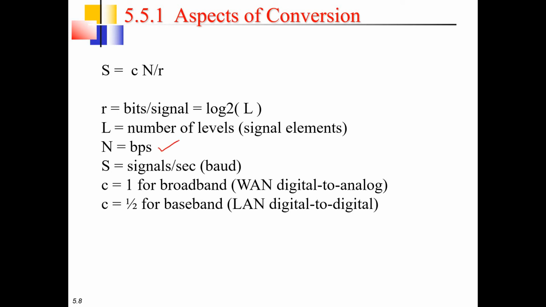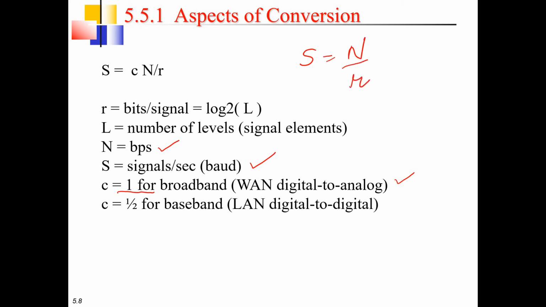This is your bit rate, this is your baud rate, and c is equal to 1 for broadband, that is digital to analog, and c is equal to half for baseband, that is LAN, where we have a digital to digital conversion. We will take c equals 1 because we will be talking about digital to analog conversion. That means S will be equal to N by r.